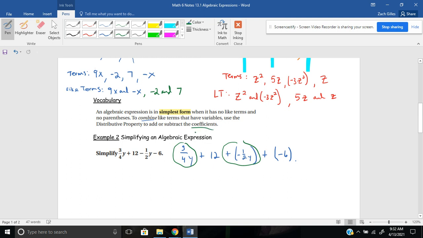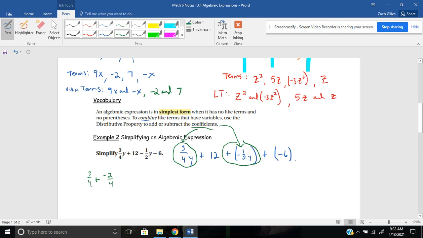The coefficient is the number in front of the variable, right? So all I need to do is I need to take 3/4 and I'm adding negative 1/2. Negative 1/2 is the same thing as negative 2/4. I'm going to change that right away so that when I add fractions, I have a common denominator.